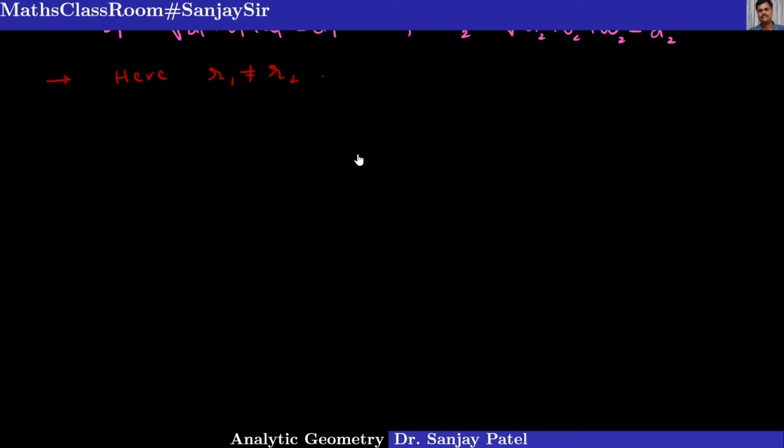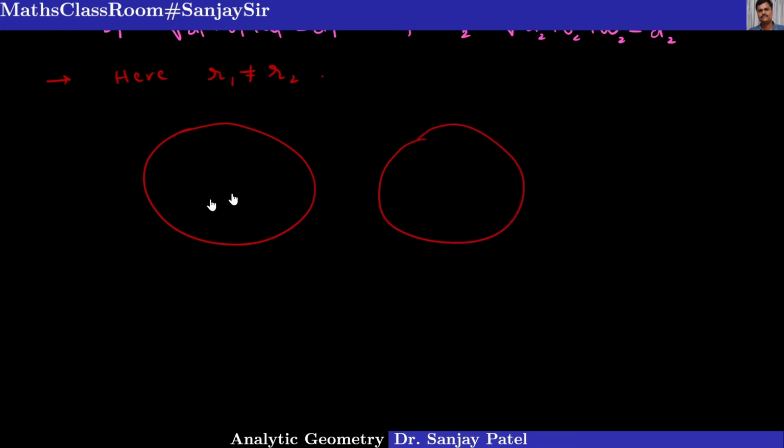Suppose I have two spheres, one like this, another like this. With C1, C2 as the centers and R1 and R2 as the radii, the two spheres are not intersecting at all. So the intersection of these two spheres is empty, or they are disjoint spheres.